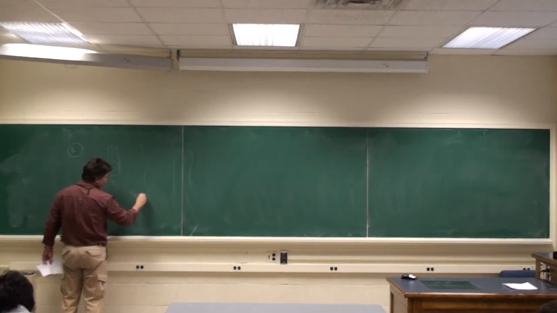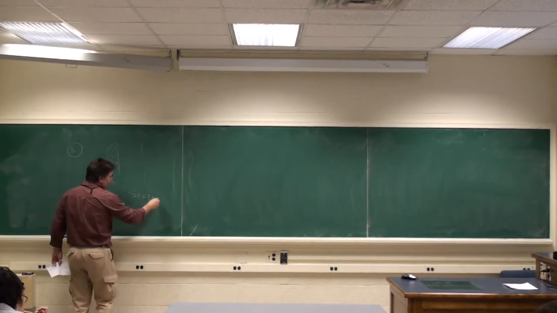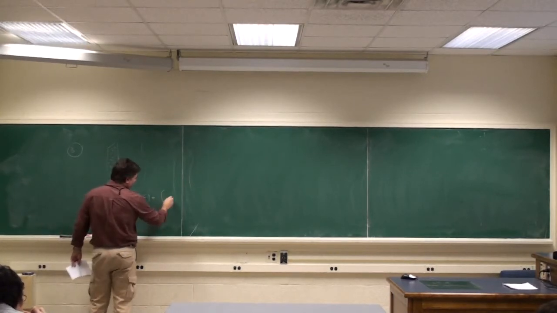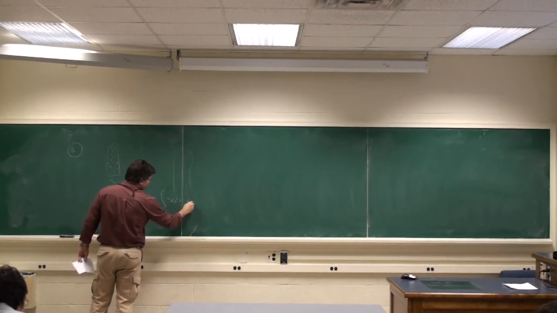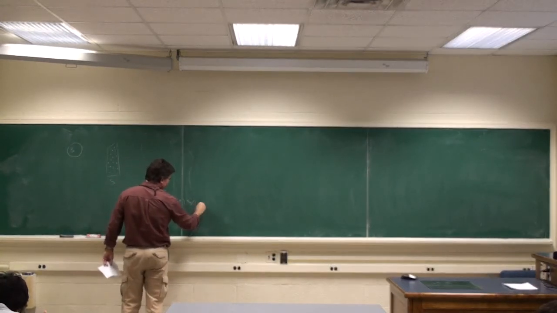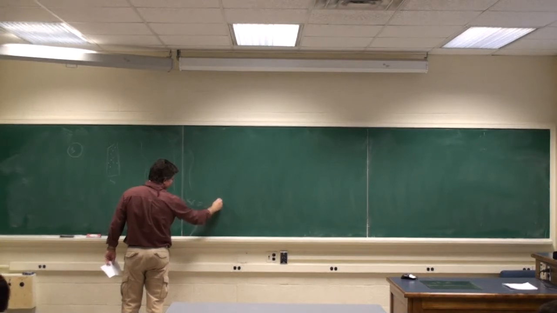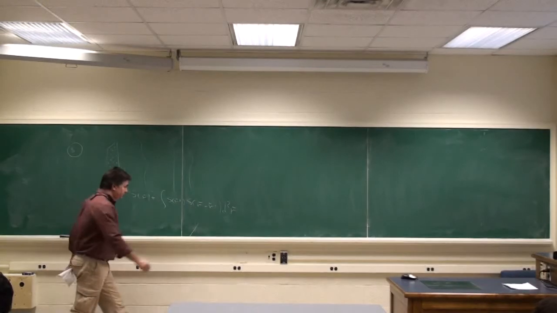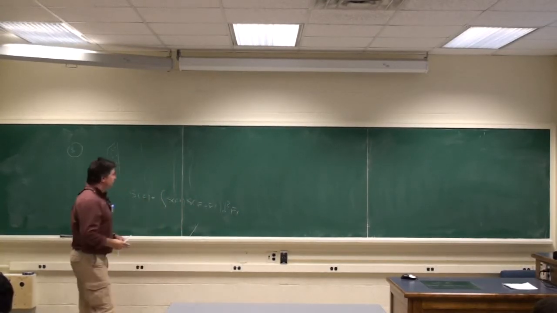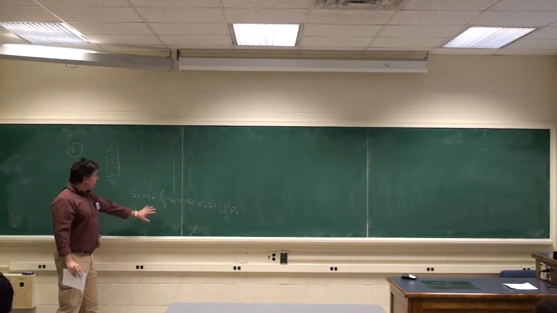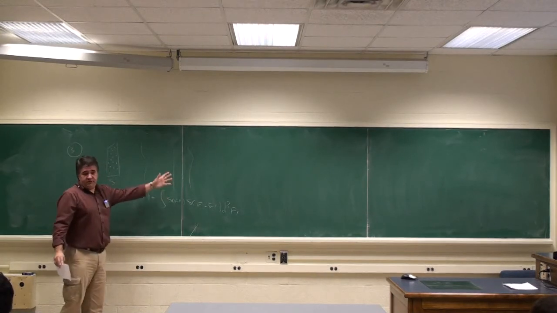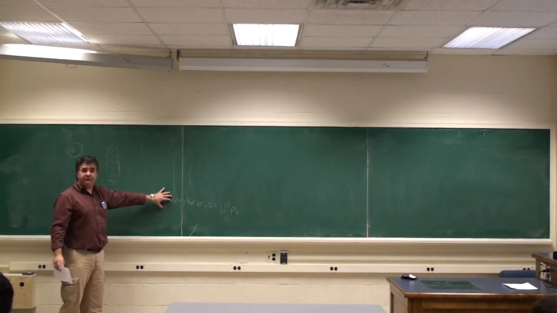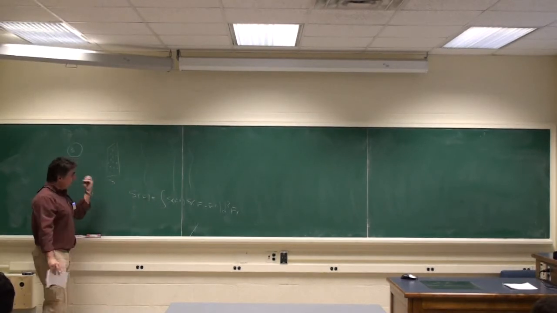S of x and y, or r, is the integral of s of r prime delta of r minus r prime d r prime. Right? So mathematically, it's just a simple property of the delta function. But physically, you see, it's very heavy.